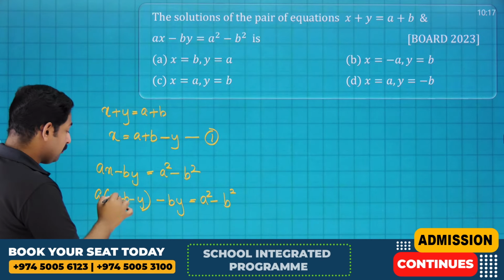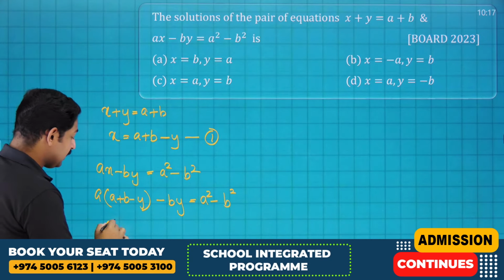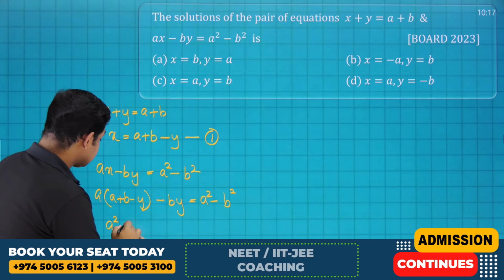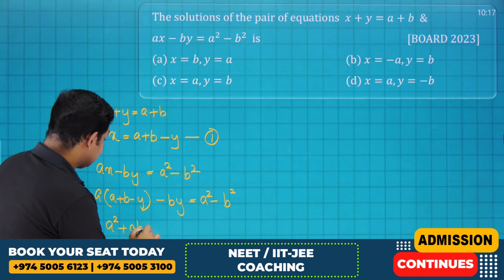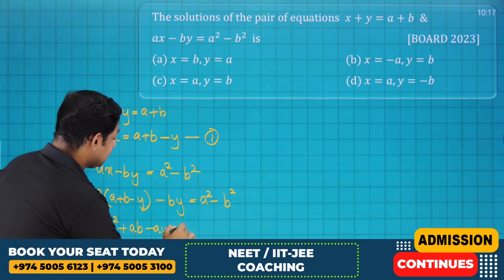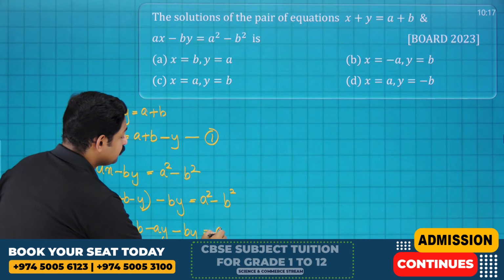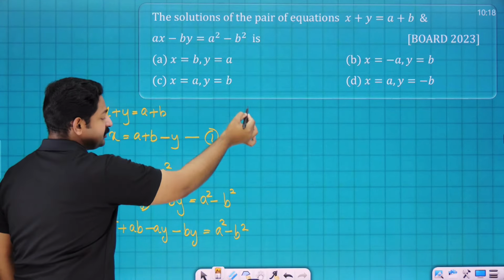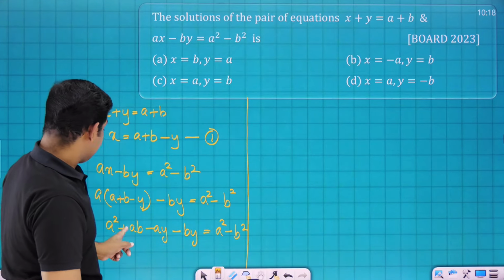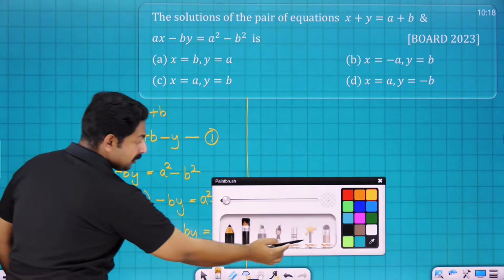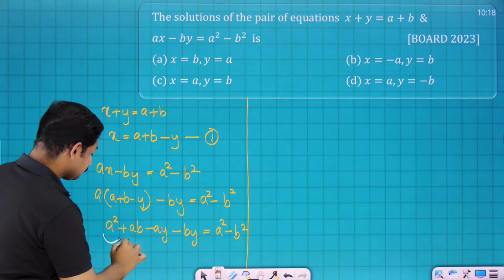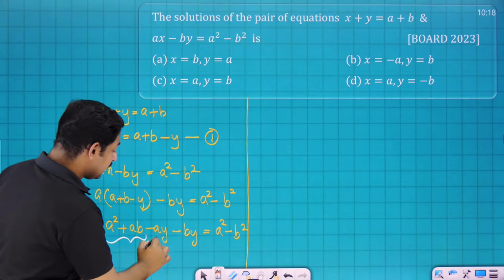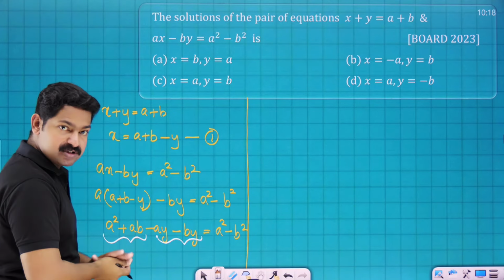On the next step, multiplying a inside the bracket, you will get a square plus ab, then minus ay minus by is equal to a square minus b square. On the next step, from the first two terms I am taking a outside, and from the next two terms I am taking y outside.